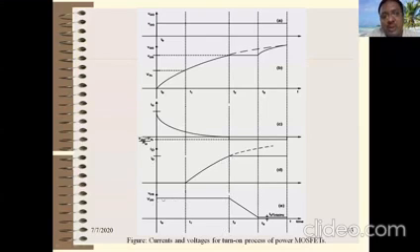Once your device turns on, the voltage across the device starts to decrease, and it will be VDS on, called the on voltage, right? The voltage drop across the device is the on voltage. One more graph is shown here, that is the current IG. Initially, whatever voltage you are applying, at that time the current IG is max.